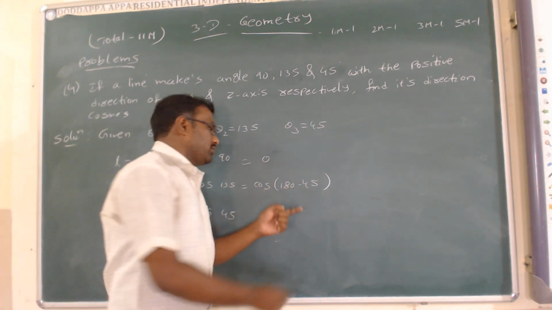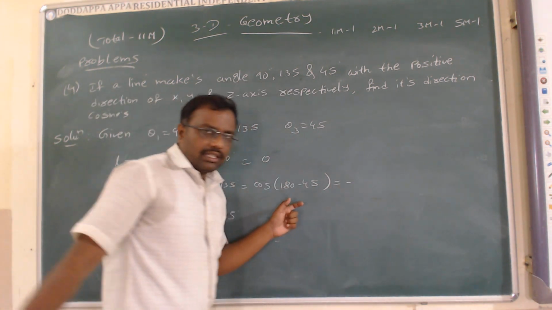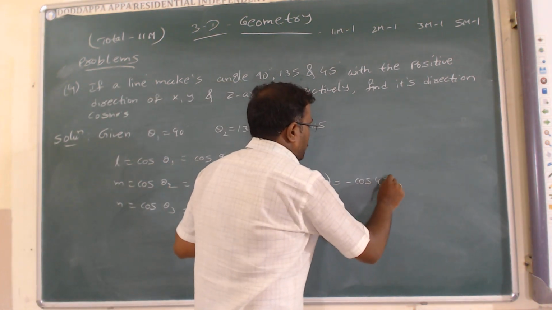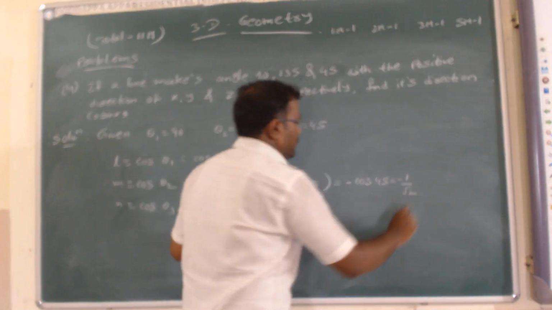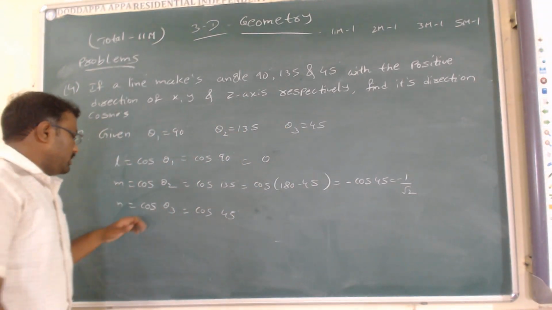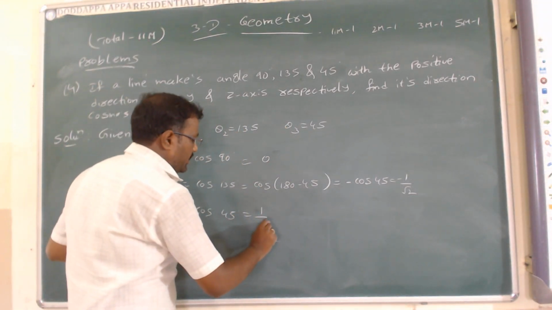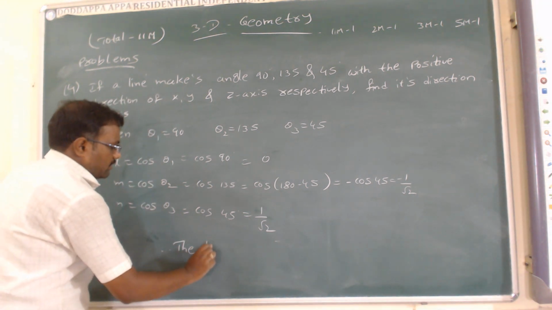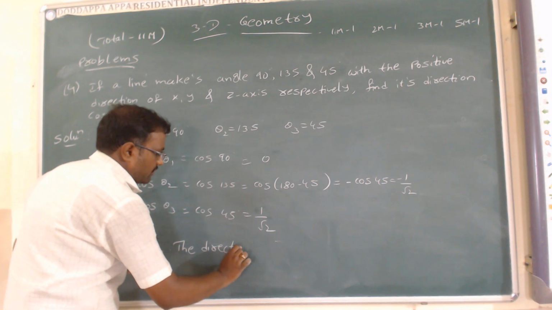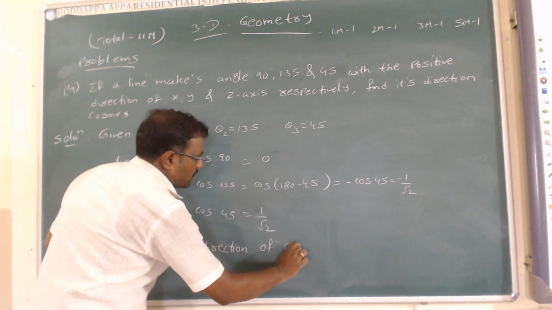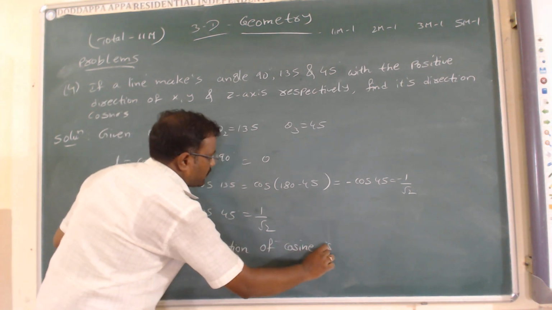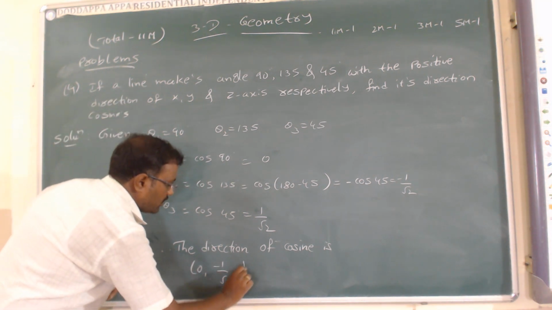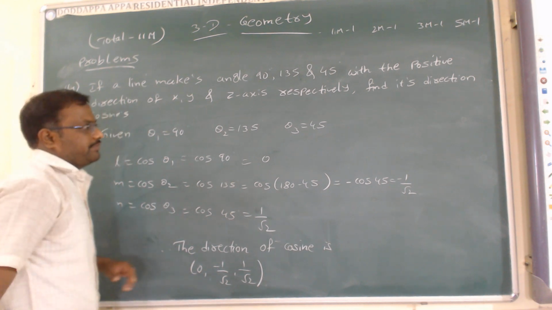This should be the second quadrant. In the second quadrant cos is negative. So again we get cos of 45 degree. So cos 45 is 1 by root 2. Next here also, same, cos 45 degree is 1 by root 2. Therefore the direction cosines are 0 comma minus 1 by root 2 comma 1 by root 2. Okay.